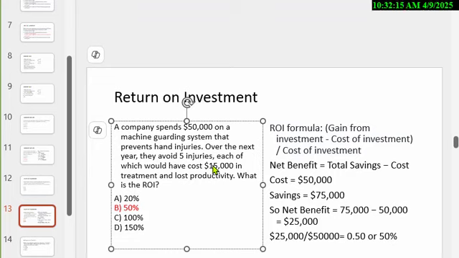You have to figure out what the savings is, and that's good. Good catch, Mark. But that's what you want to be able to do. You're going to save 15,000 times 5 injuries, 75,000, by implementing a $50,000 system. So we're saving 25,000 a year. Okay.